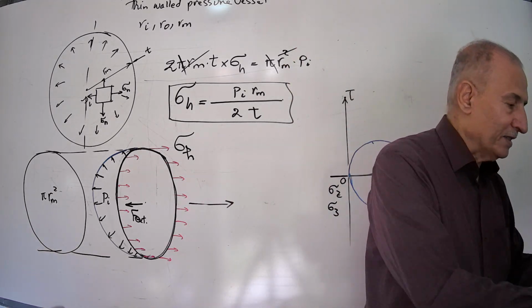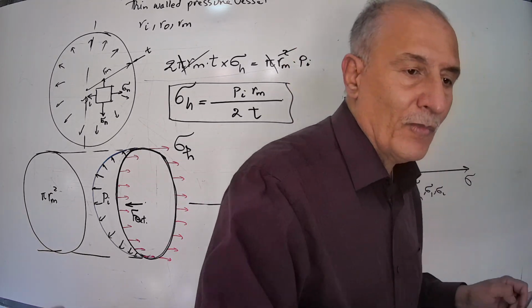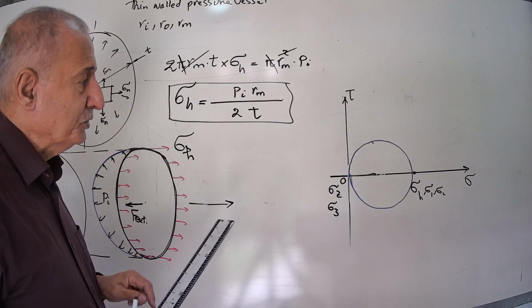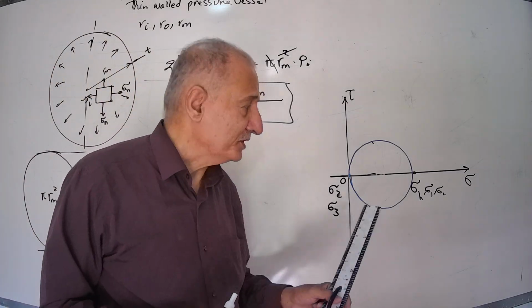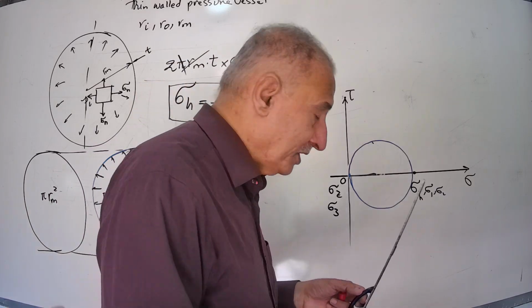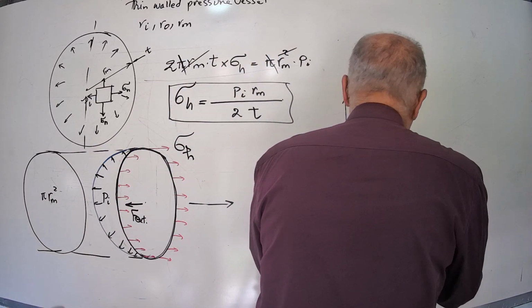It means that in this case we do have a tau max. The student thinks that tau max for this case is 0 because the Mohr circle is a point. Unfortunately not. This is tau max.